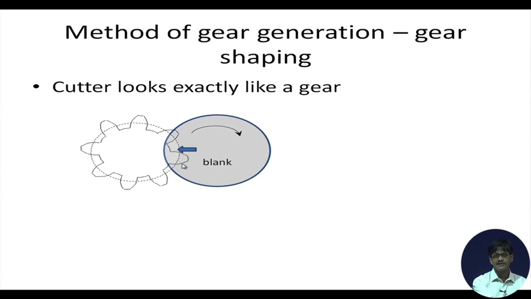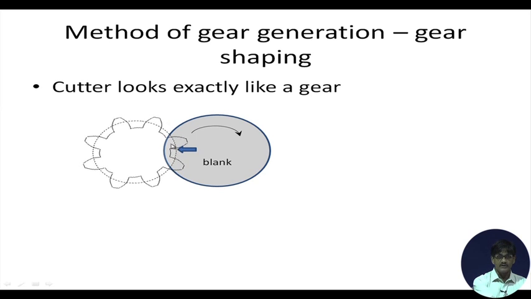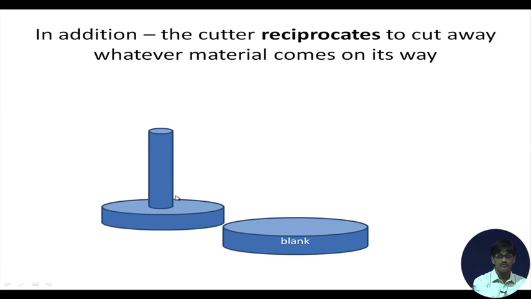So, this material which is in the interference zone won't get removed just like that unless we have a cutting action incorporated. What is that cutting action? Along the axis, the cutter goes on reciprocating, cutting off everything it meets on its way. So, in addition to these three movements, one is rotation of cutter, rotation of blank and movement of the blank towards the cutter, we also have this movement.